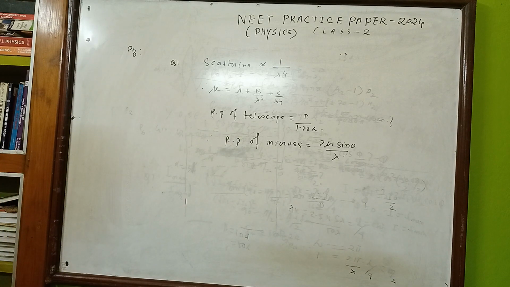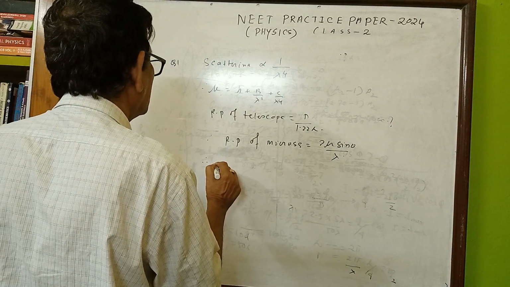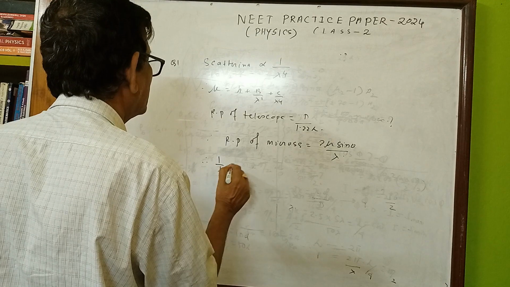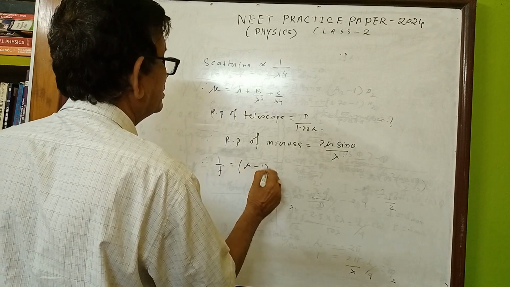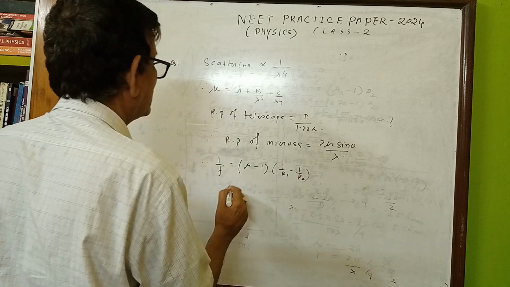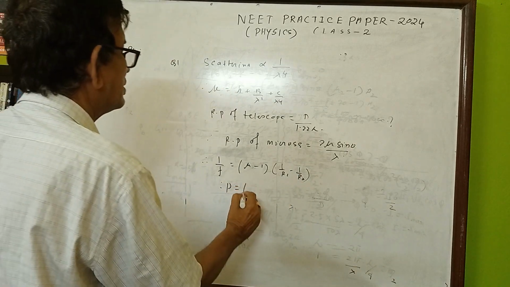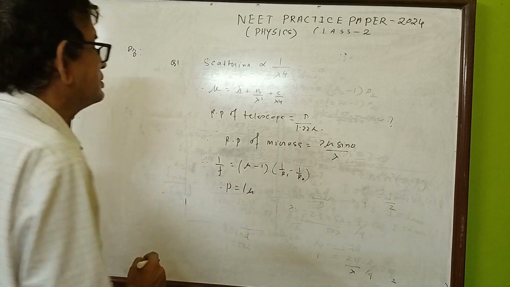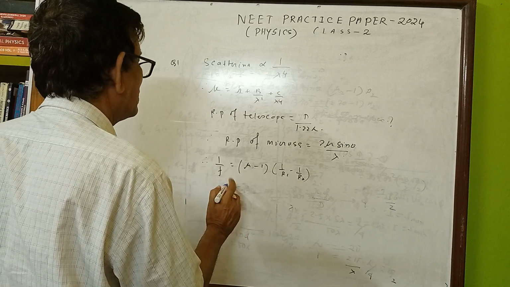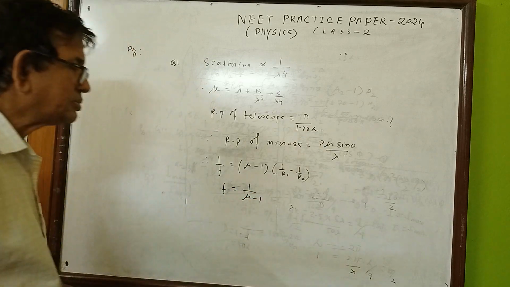Now another thing I am telling, lens maker formula, you know, 1 by F equals mu minus 1 into 1 by R1 minus 1 by R2. Now in that case you see power is proportional to mu minus 1, or you can write focal length proportional to 1 by mu minus 1.